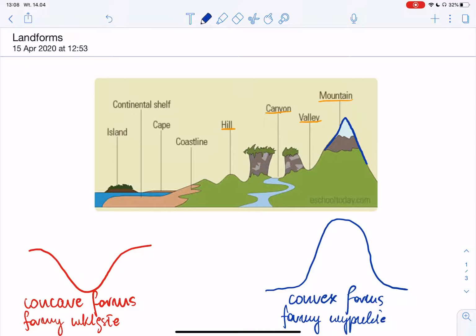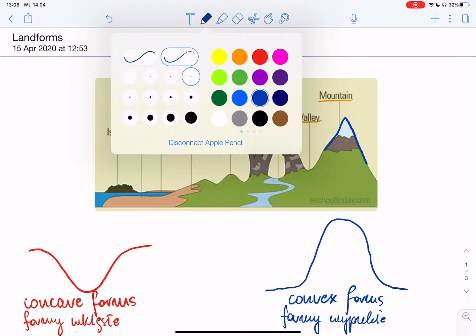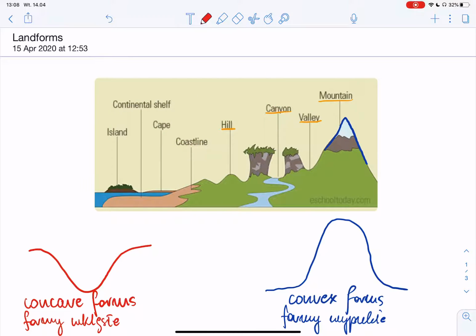On the other hand, we have forms like valley, and basically valley doesn't look like this, does it? A valley looks more like this because the bottom of the valley is much lower than the surrounding area. So this is a concave form. The same thing applies to a canyon, which is a very specific type of a valley shaped by a river.